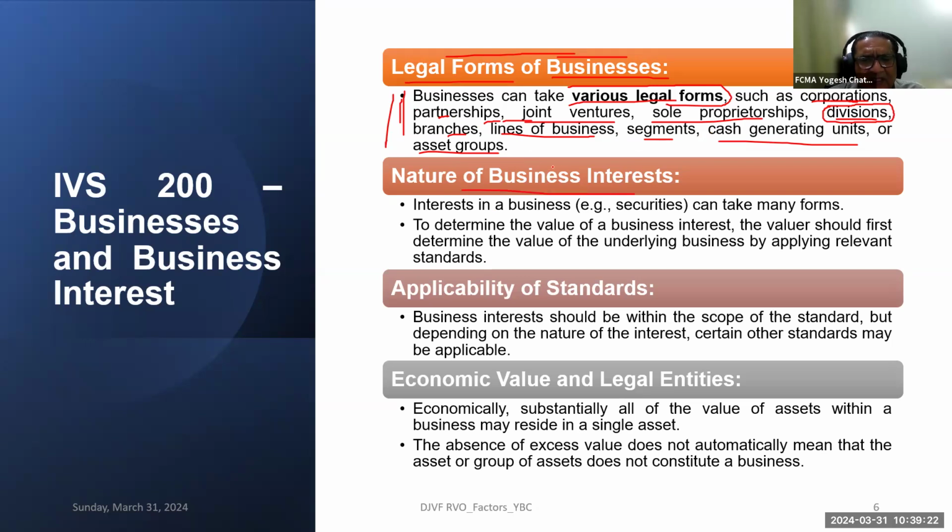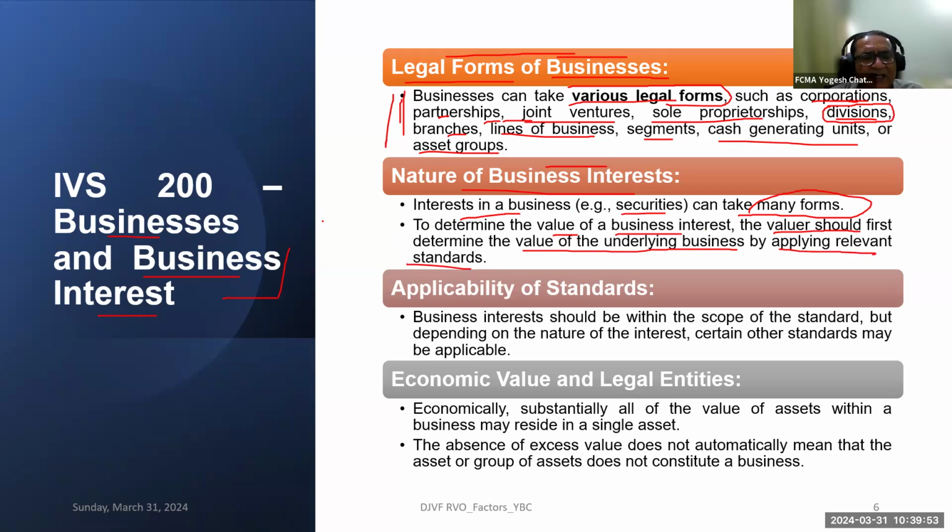Now, nature of business interest. Our standard is on a business and a business interest. So what will be the meaning of business interest? An interest in a business is a security, and that can take many forms. To determine the value of a business interest, a valuer should first determine the value of the underlying business by applying the relevant standard.